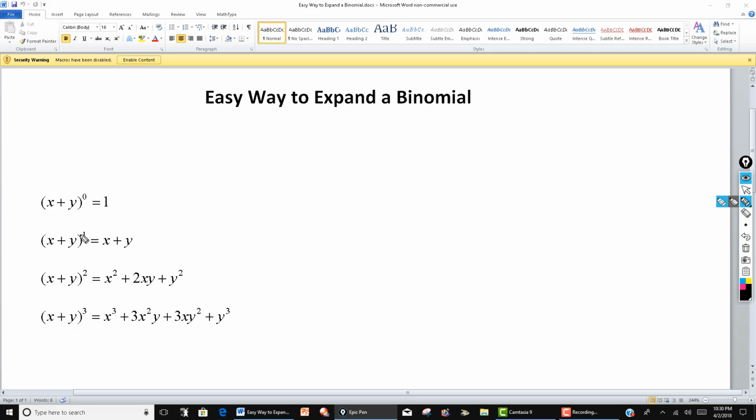X plus y to the first power is just one factor of x plus y, so obviously that gives me x plus y. And x plus y to the second, you can multiply that out either way you want. Either write it out as x plus y times x plus y. Okay. Now I haven't gone to the shortcut or the easy way yet. I'm just giving you some little background here.